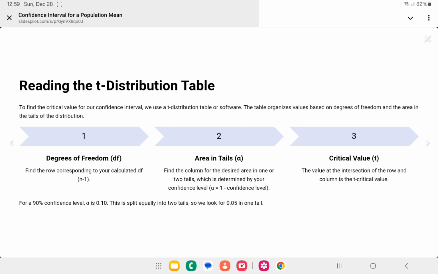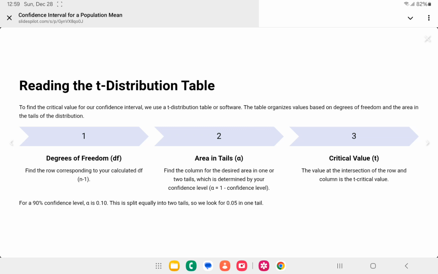Alpha is the significance level, which is 1 minus the confidence level. So for a 90% confidence level, alpha will be 0.1, and that is divided equally into the 2 tails. The values corresponding to these boundaries of the confidence interval are the critical values.